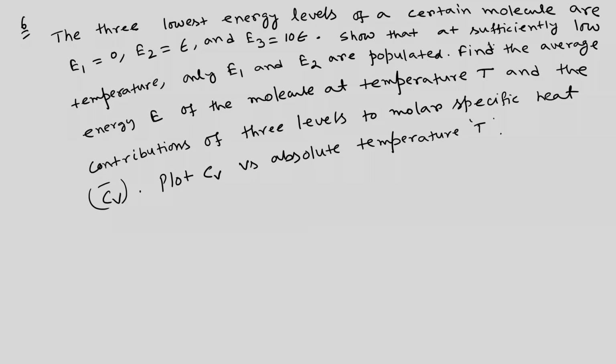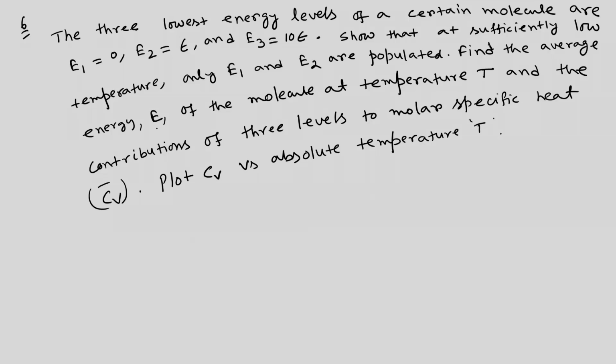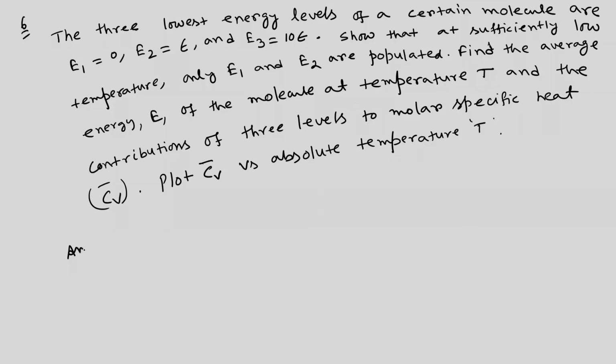Also find the average energy E of the molecule at temperature T and the contributions of 3 energy levels to molar specific heat CV bar. Plot CV bar versus absolute temperature T. So, we discuss the solution now.